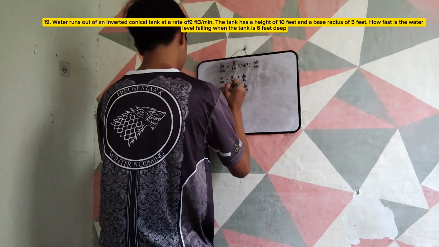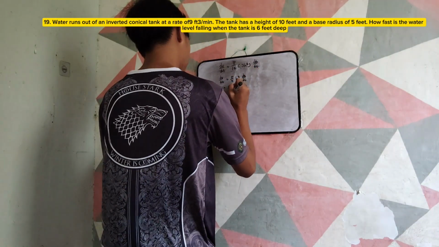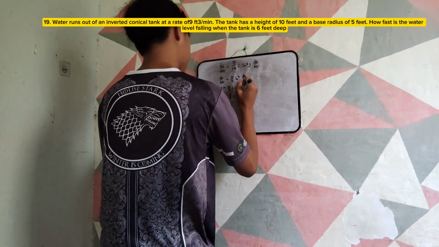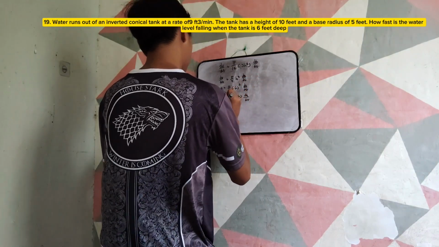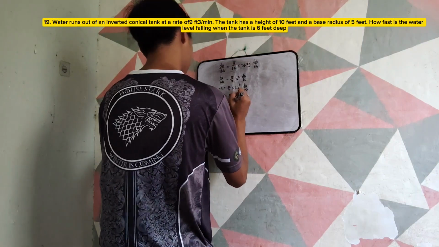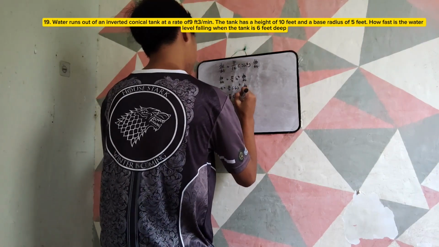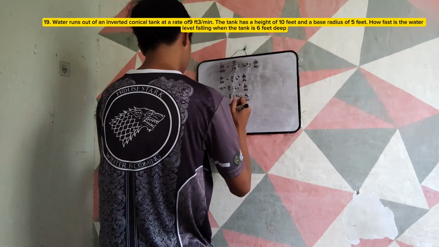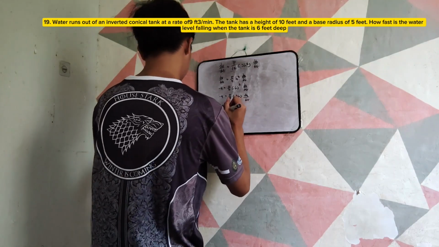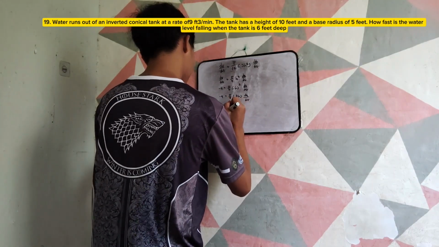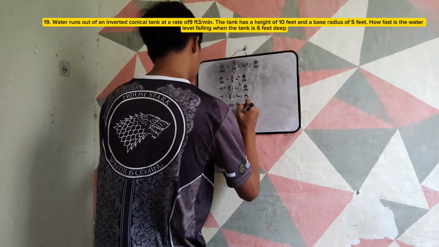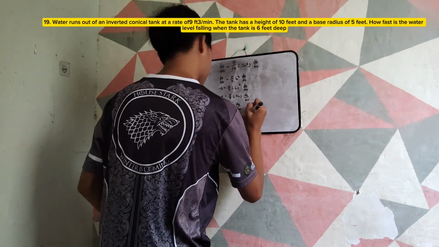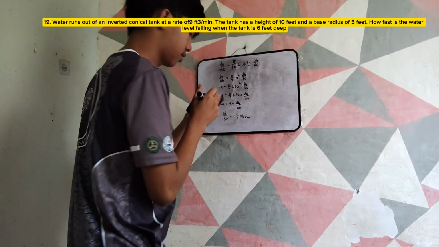So negative 9 is equal to pi over 4 times 36 dH over dt. So negative 9 is equal to 9 pi dH over dt. So our final answer will be dH over dt is negative 1 over pi feet per minute.